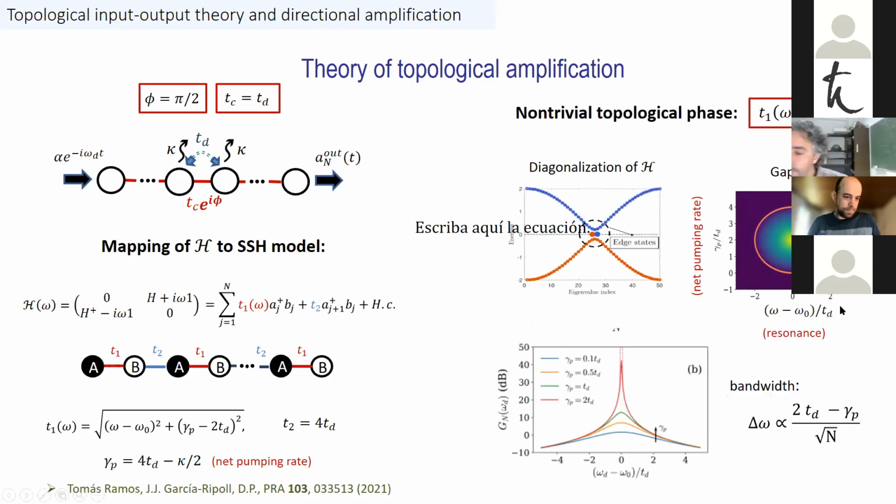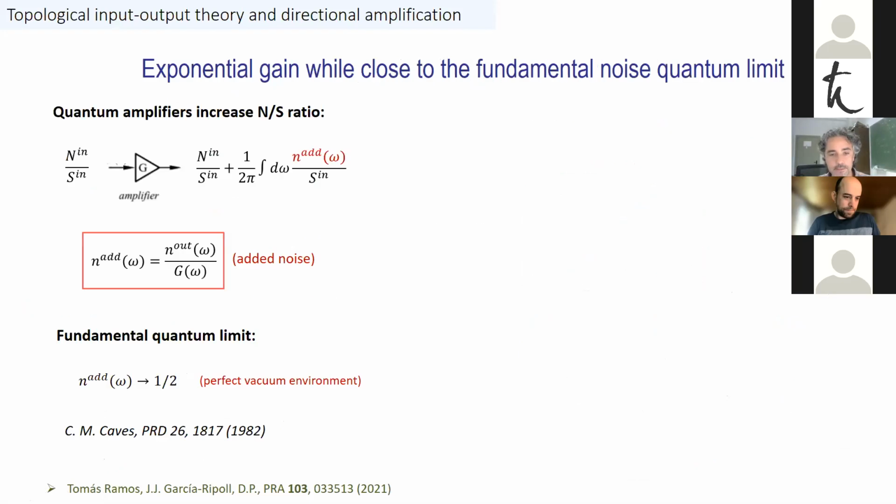Sorry, and there is also another result about the bandwidth of the gain, which can be also predicted with this formalism, and it turns out to depend basically on the coupling parameters and to decrease with system size.